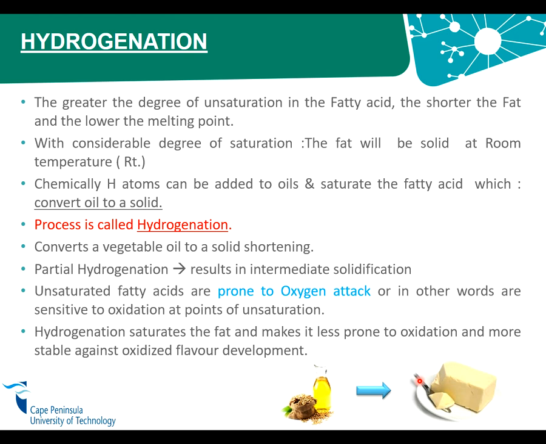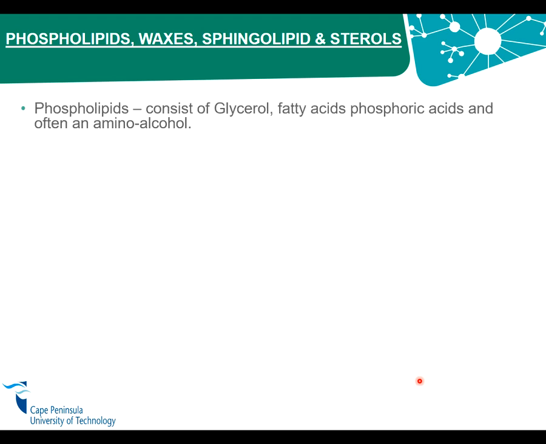So now I want us to look at the other classes of compounds that are found under the umbrella of lipids, and these include phospholipids. Phospholipids consist of a glycerol, fatty acid, phosphoric acid, and often an amino alcohol.